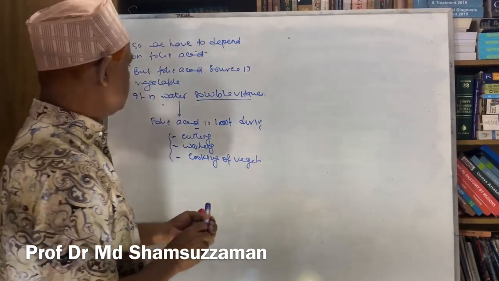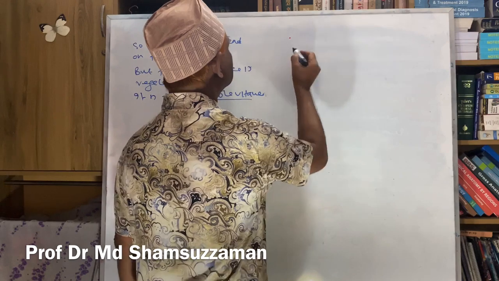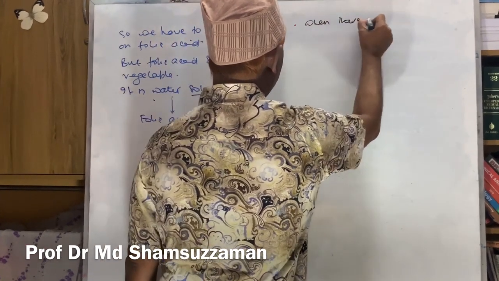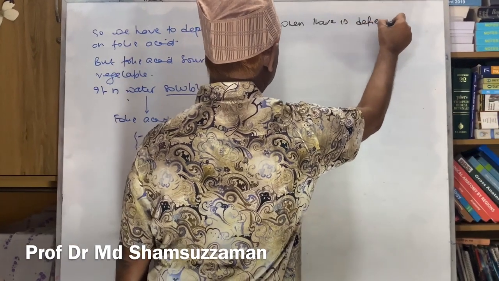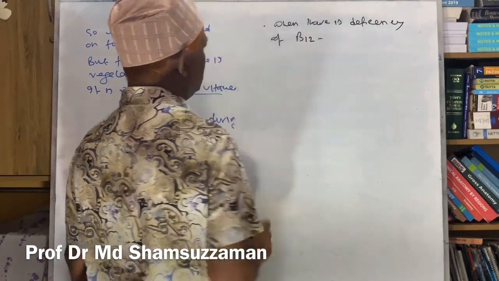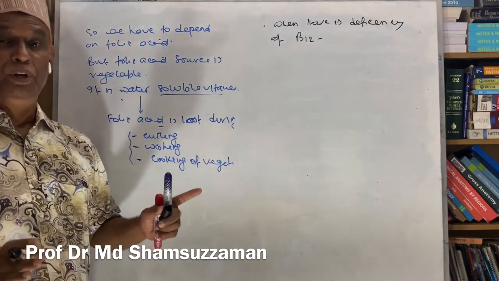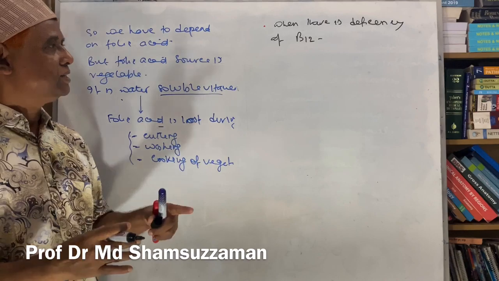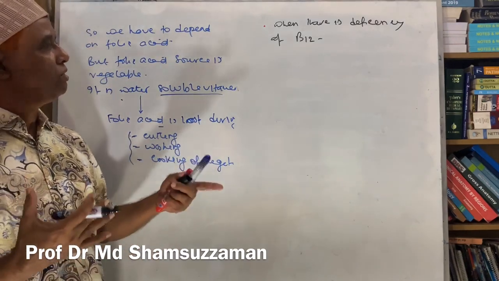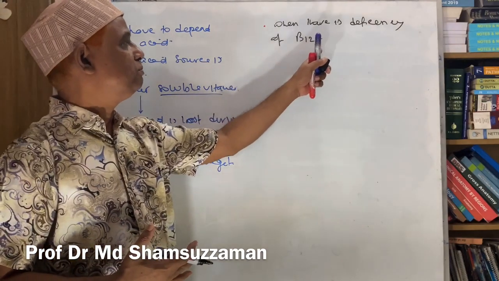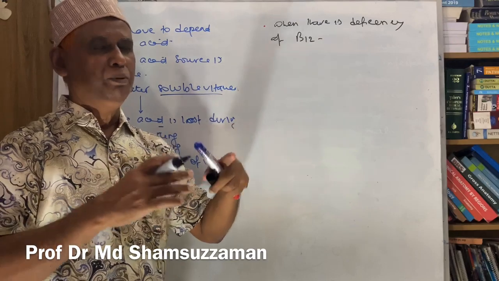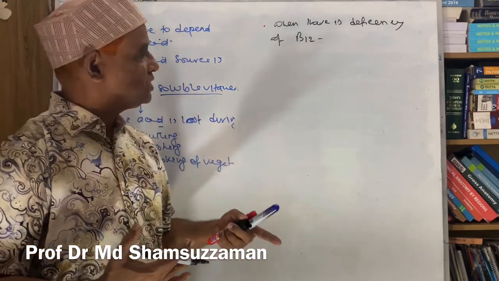The second cause is, when there is deficiency of vitamin B12, you know, folic acid and vitamin B12 both remain stored in liver. So during deficiency of vitamin B12, the storage form of vitamin B12 from the liver tries to compensate the deficiency.